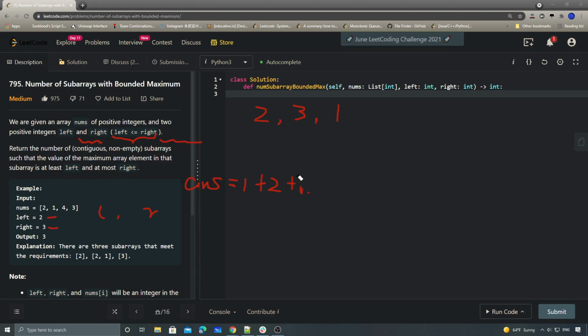So what's the number we should add here? It's still 2, because with 1 here, the new 2 subarrays we have are this one and this one, because 1 is not counted by itself. So that's why we have 2 here.